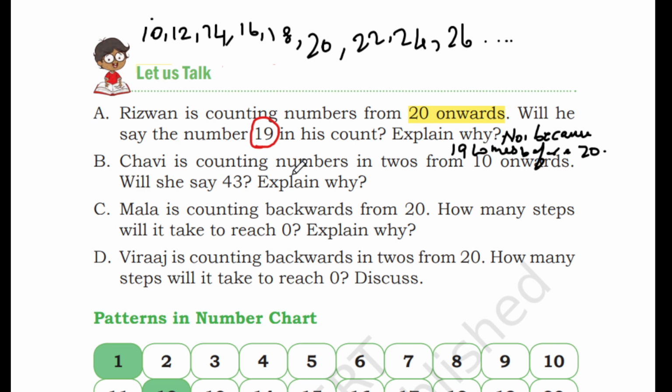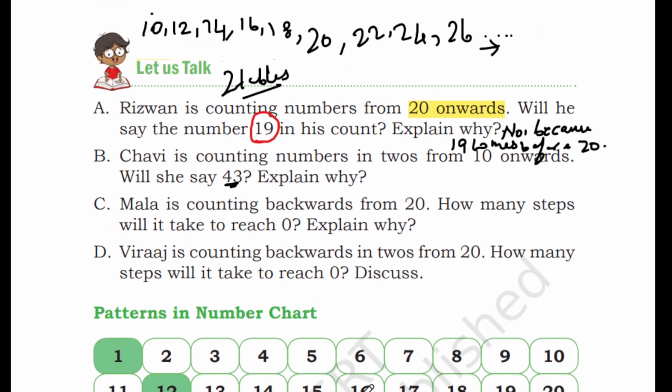Will she say 43? Explain why. I'm sorry, 43. So in twos, do we have the number 43? No, we do not have the number 43. So look at this chart.